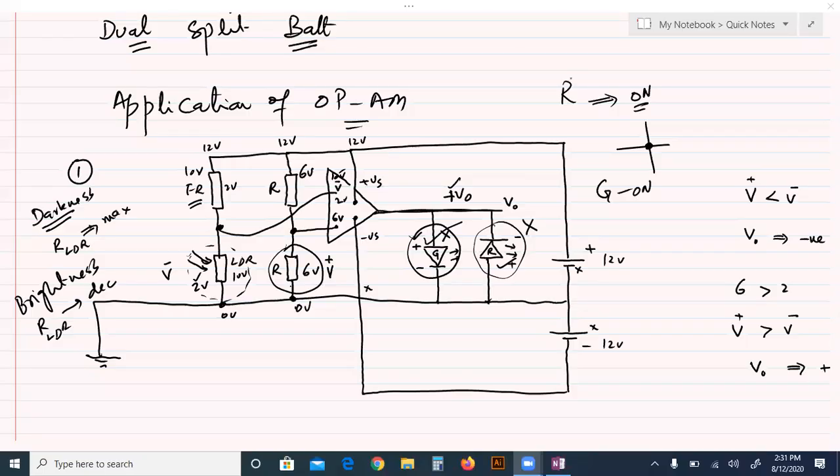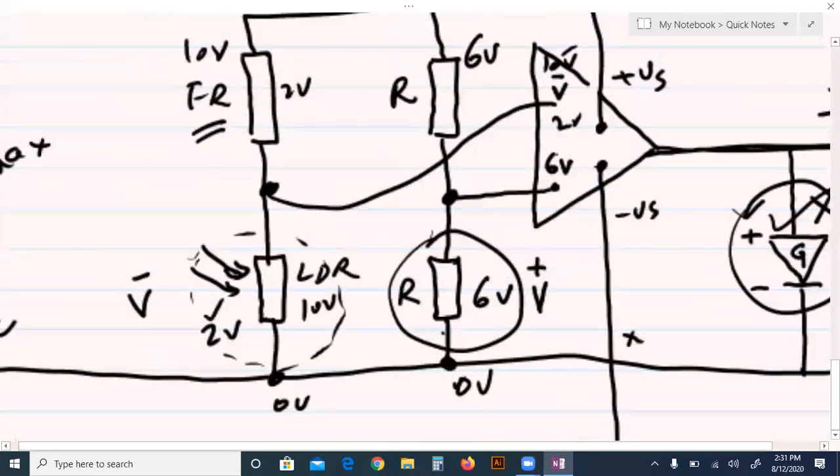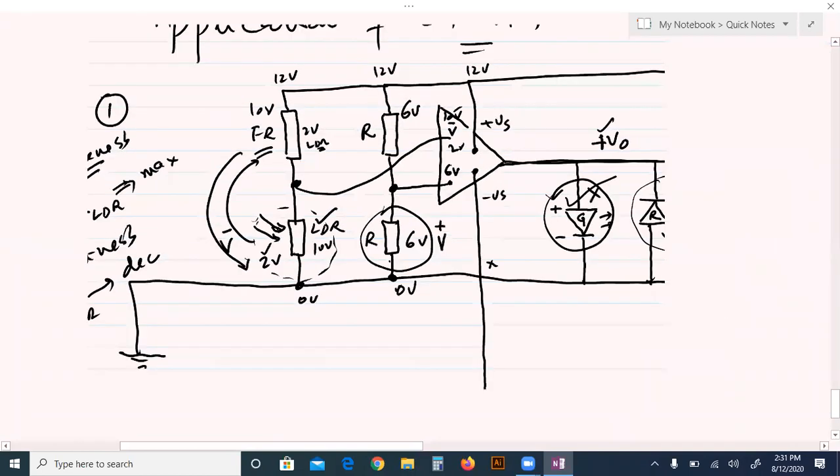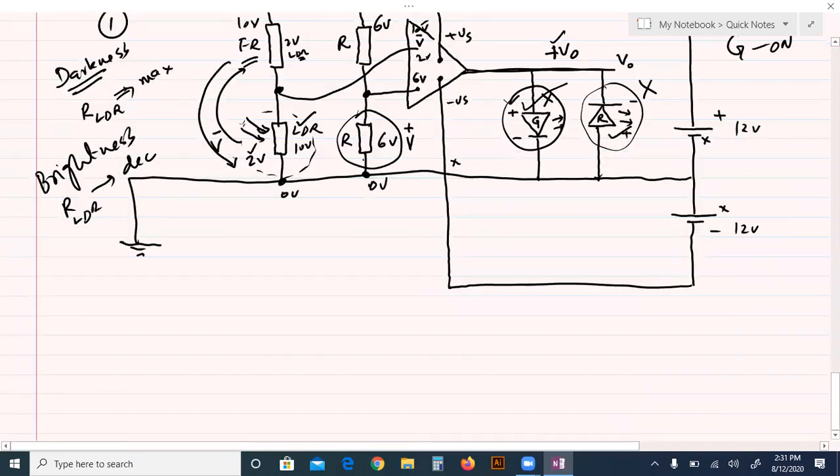Okay, now if the position of LDR and the fixed resistor are exchanged, meaning fixed resistor here and LDR here, suppose, then what will happen? The operation will be reversed.